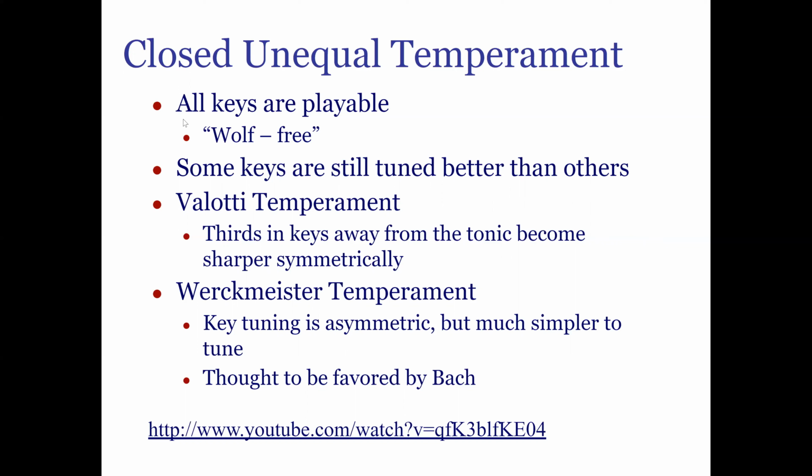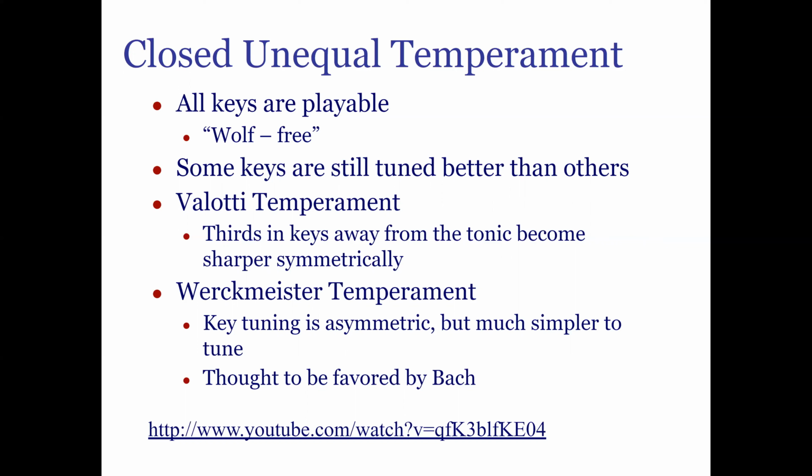So the upshot of a closed temperament is we close the circle of fifths in a way that we don't have any really obvious wolf fifths. There might still be some that are not great sounding, especially depending on which particular unequal temperament you're talking about, but none of them are so bad that they stand out really obviously in reference to the others.